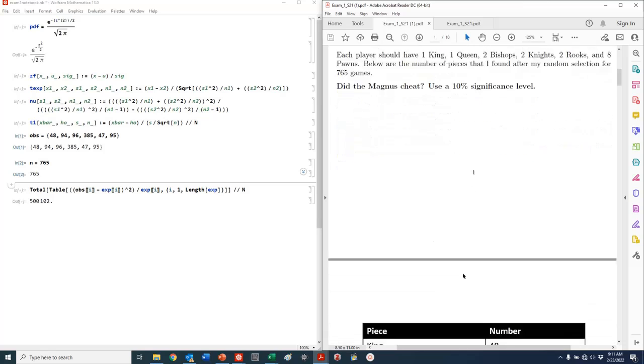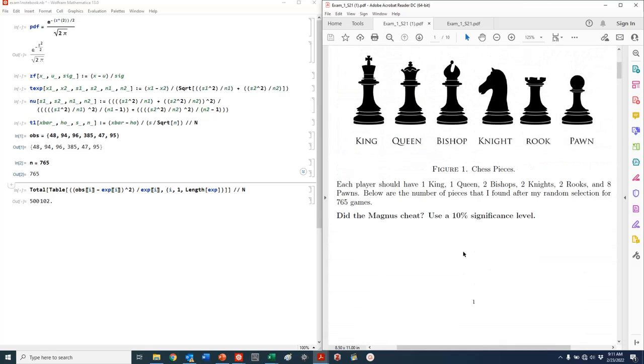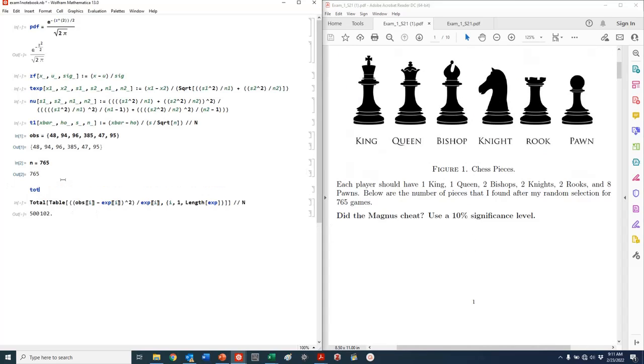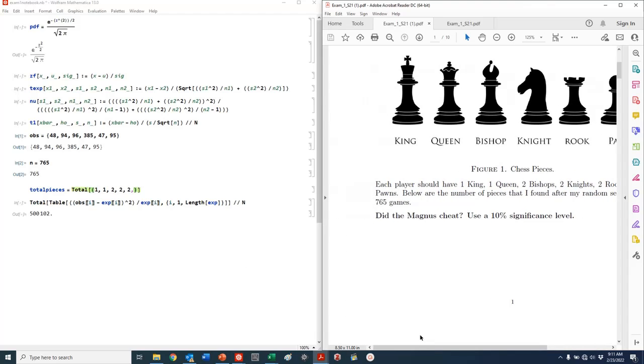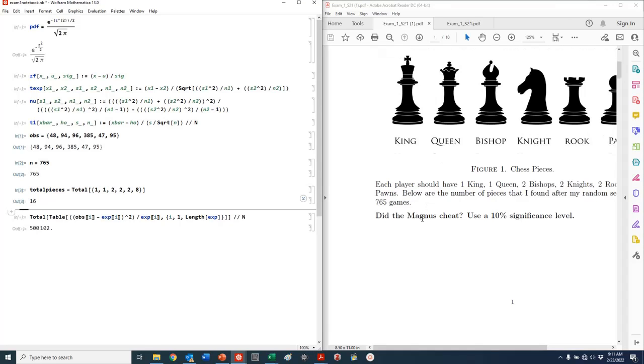So how many kings should I have? How many total pieces do I have? My total pieces is 1, 1, 2, 2, 2, and then 8 pawns. So that's 16 total pieces for Magnus.